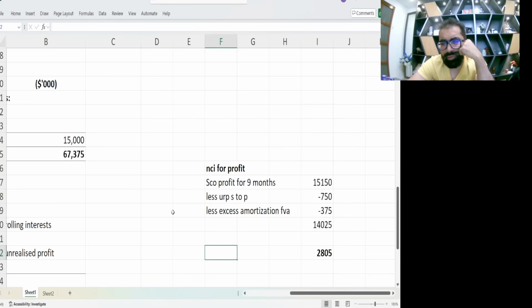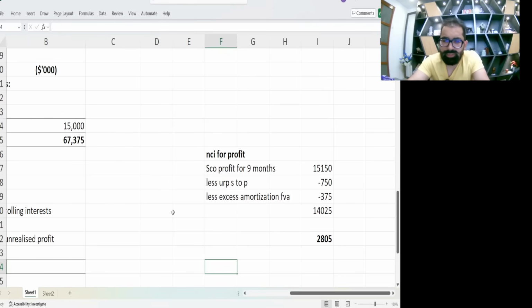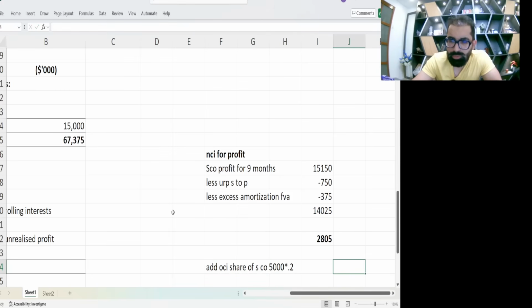Now, just give me one more minute. I'll add OCI in this as well. Add the OCI share of S company. I'm talking about NCI right now. In NCI, the OCI was 5,000, so we'll do 5,000 times 0.2, 20%.